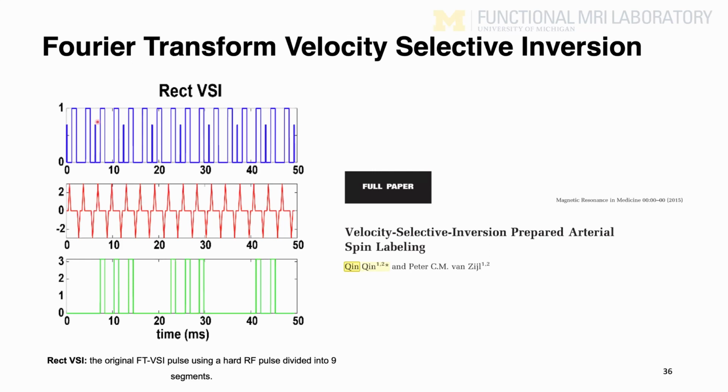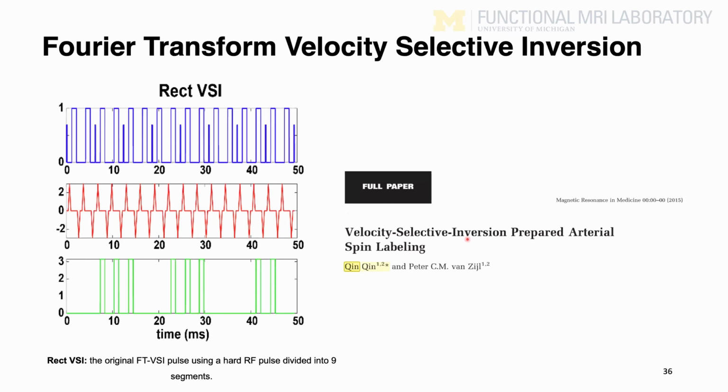These little skinny guys are pieces of a rect pulse, just a nice square wave, and you could stick in some refocusing pulses in between. You could actually encode velocity by having a train of gradient pairs, and this could give you a velocity pattern.